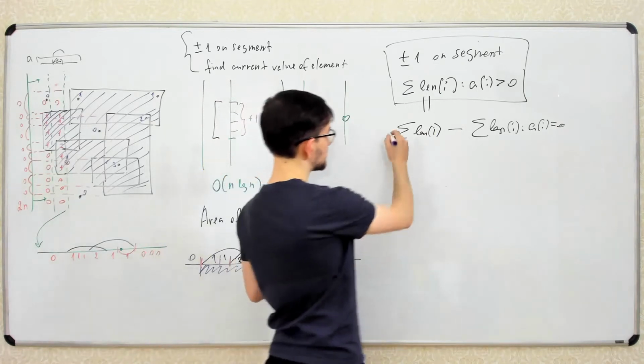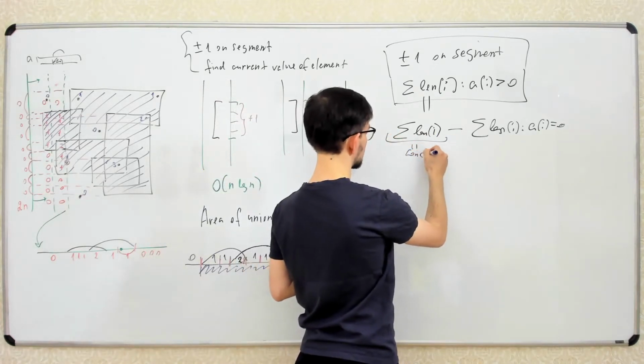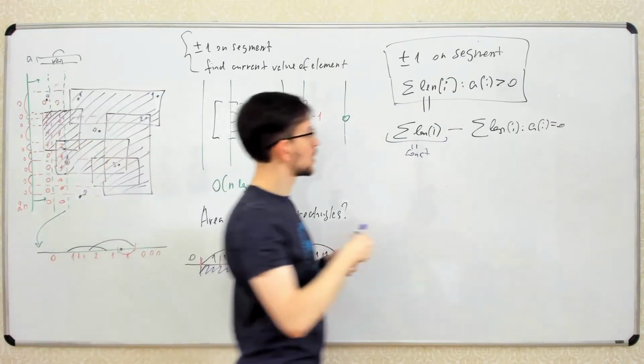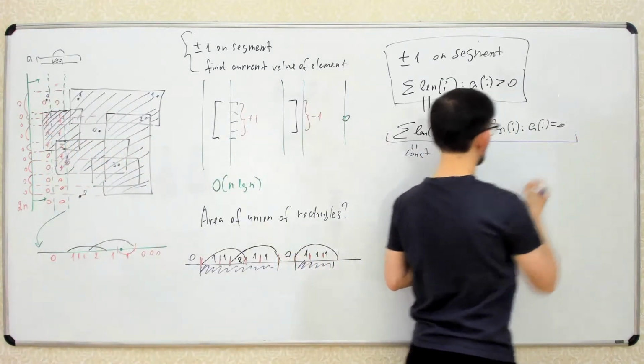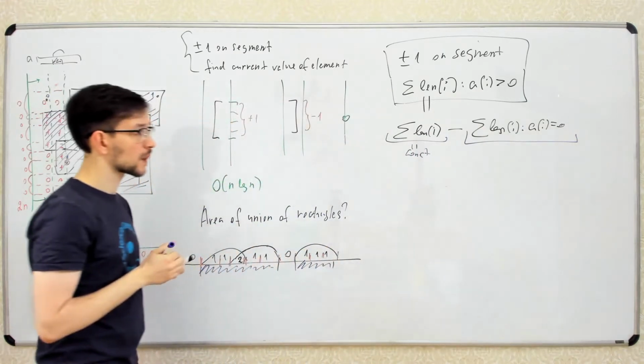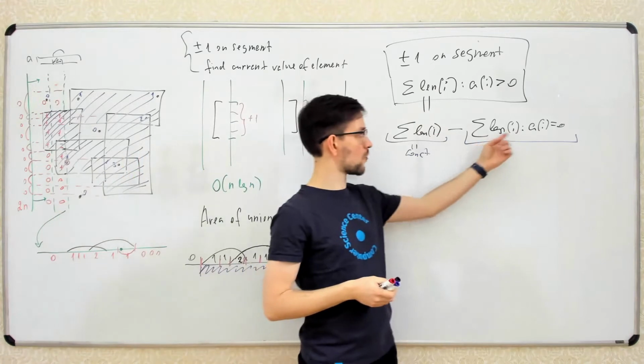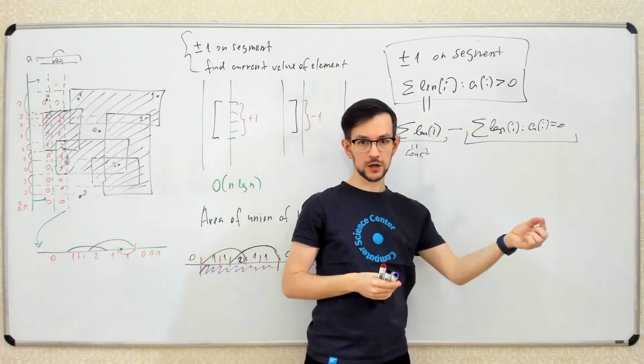So this sum is constant. All we need is to find a way to calculate the total length of all 0 elements in our array.